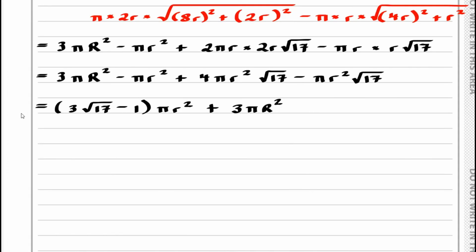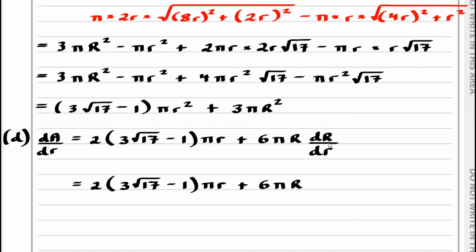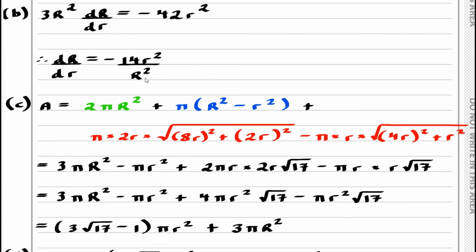Well, what we have to do is differentiate implicitly this function of A. So dA over dr is equal to 2 multiplied by 3 root 17 subtract 1 times pi r plus 6 pi R multiplied by dR over dr. So we have the 2 times 3 root 17 subtract 1 pi r, and then we add on to this 6 pi R multiplied by dR over dr, which we have found here.